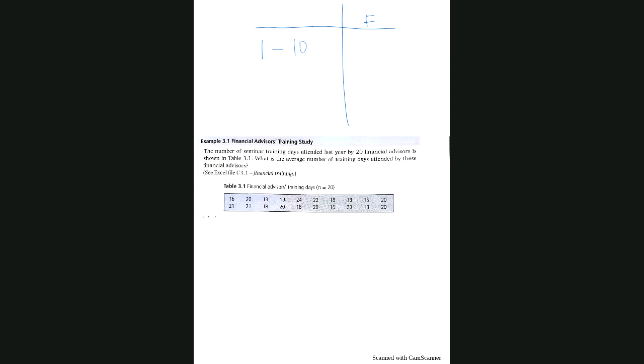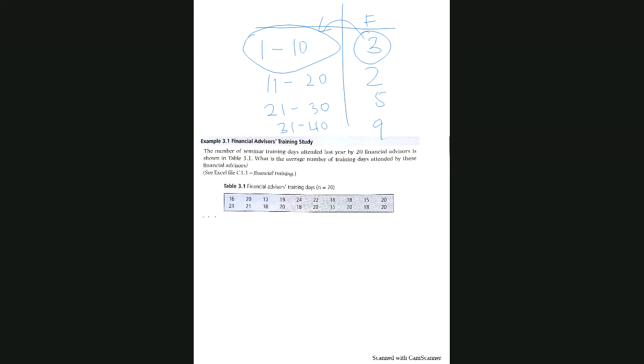Then you'll have 11 till 20, 21 till 30, 31 till 40, and so on. This is what we refer to as grouped data, where you have an interval or group, and then this number is telling you how many values fall into that interval.